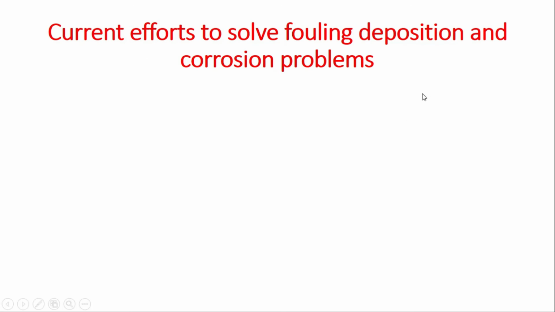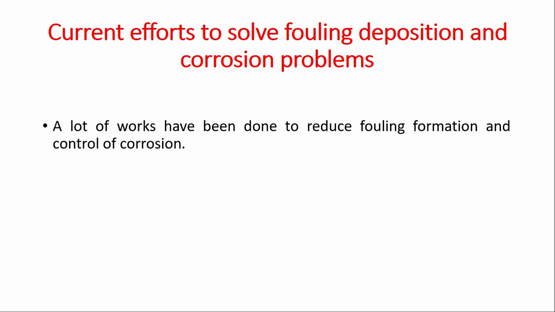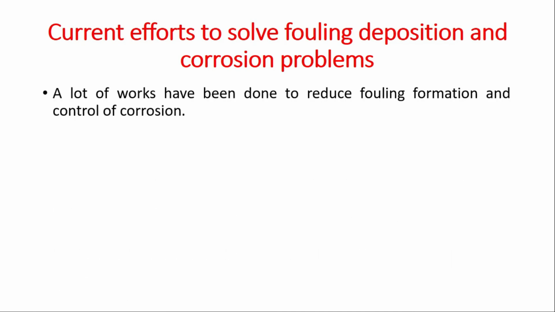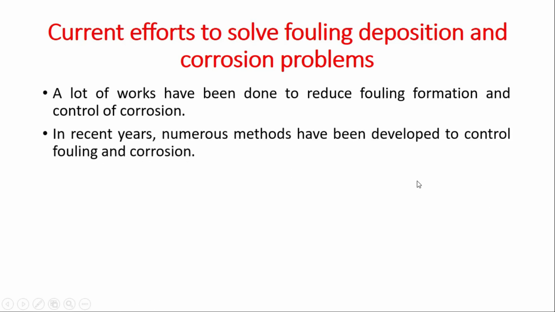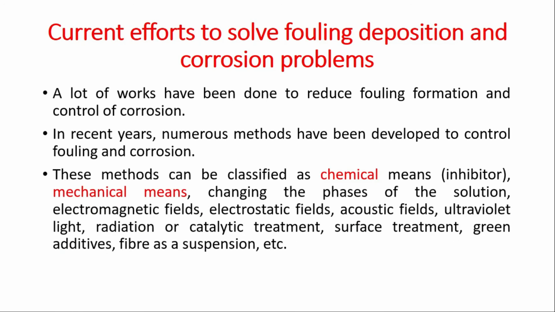So there are some current efforts to solve the fouling deposition and corrosion problems. A lot of work has been done to reduce fouling formation and control corrosion. For example, in recent years, various methods have been deployed to control fouling as well as corrosion.